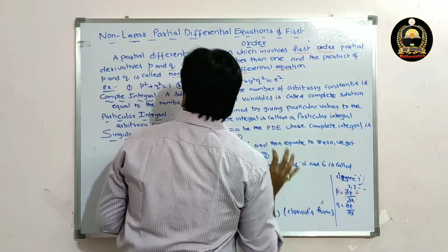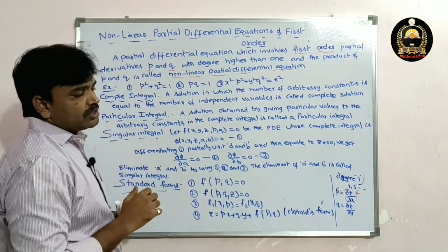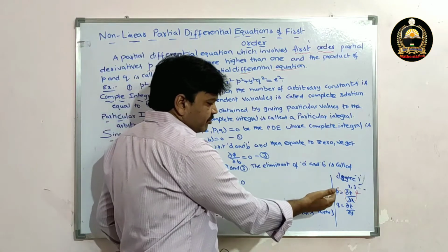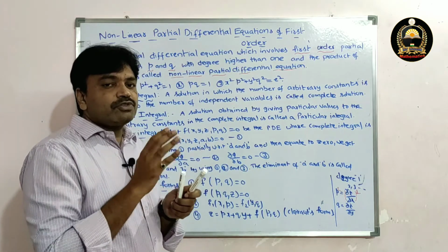And the product of p and q. Higher than 1. It may be p square or a product, pq or p square q square.